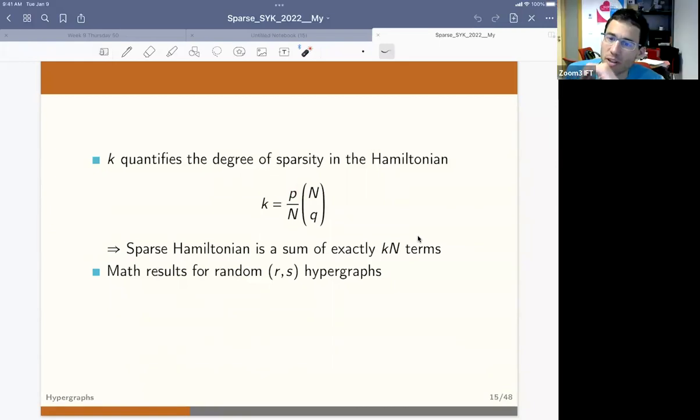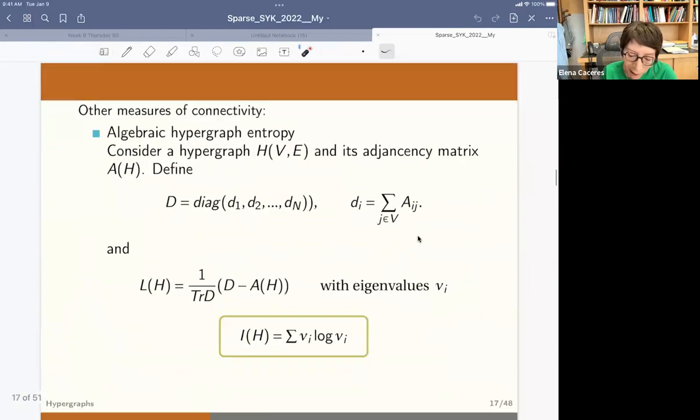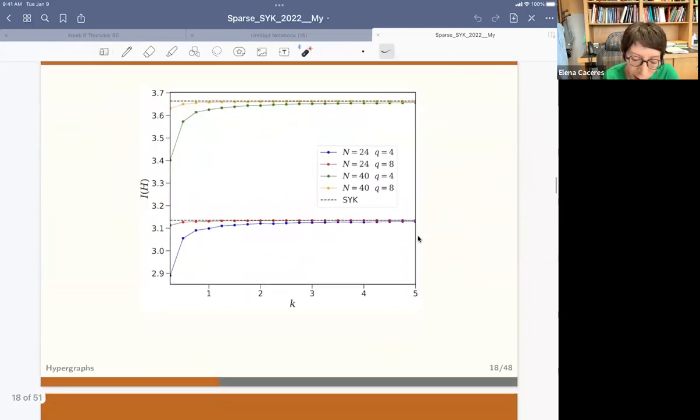In these plots, it's a number; you would have to do 1 over 24 times 24 choose q and so on. These can be obtained analytically, because since we're defining our KQQ hypergraphs, you can just calculate those things analytically and get the specific results.